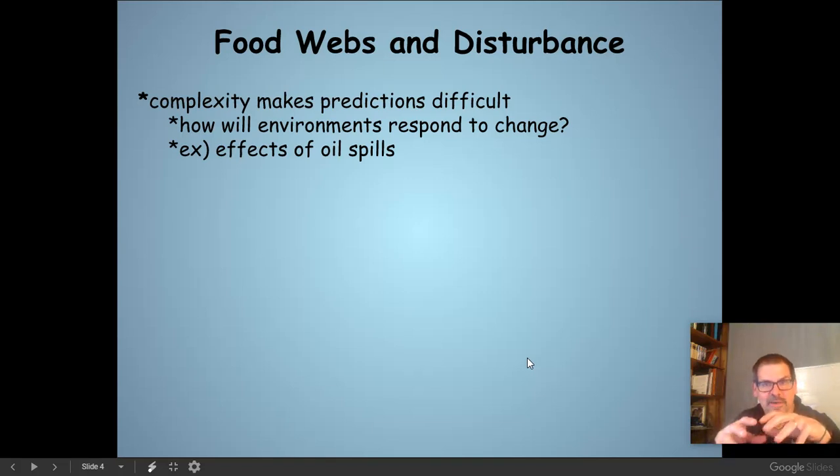The point is that these systems are so incredibly complex. There are so many variables that go into determining the outcome of the interactions of these living things that predictions, under the best of circumstances, can be very challenging, let alone when you talk about massive disruption to the system, like, for example, oil spills.